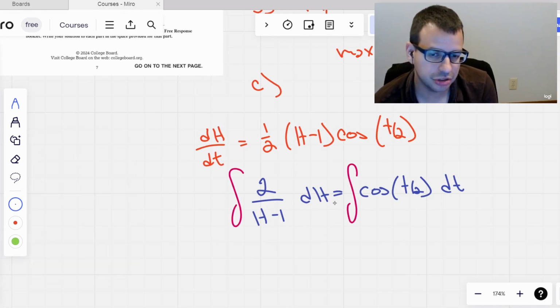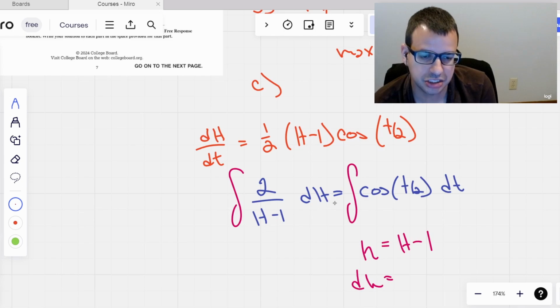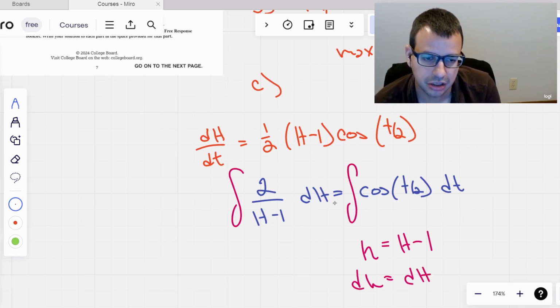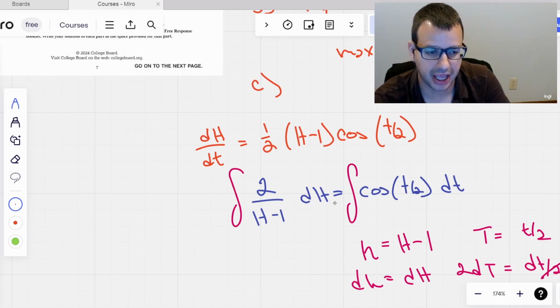I'm going to do some u-substitution. I'm going to say that little h equals h minus 1. Therefore, dh equals big DH. I'm going to say that big T equals t over 2. Therefore, dT equals dt over 2. And this is terrible notation, but it's going to happen.